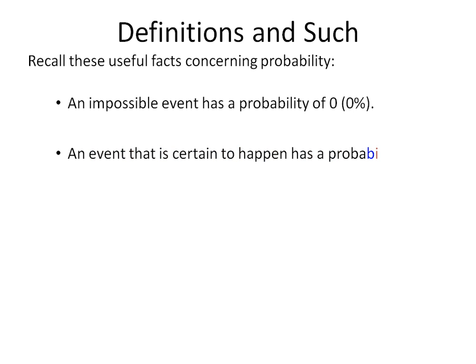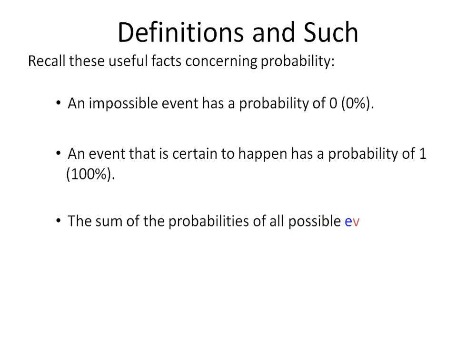An event that is certain to happen has a probability of 1, which correlates to 100%. And the sum of the probabilities of all the possible events has to be 1 or 100%. If it does not, then there is some outcome that you have not taken into consideration.